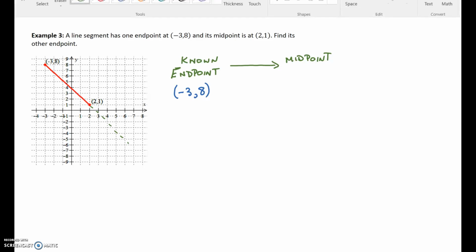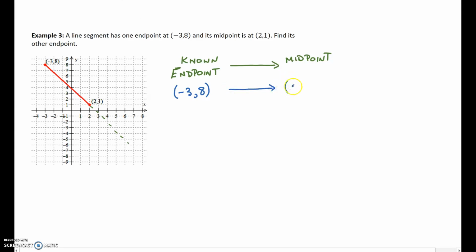For us, the known midpoint is at 2, 1, and then we're going to go from there to the missing endpoint, the one that we don't know yet, but it's going to look like that.